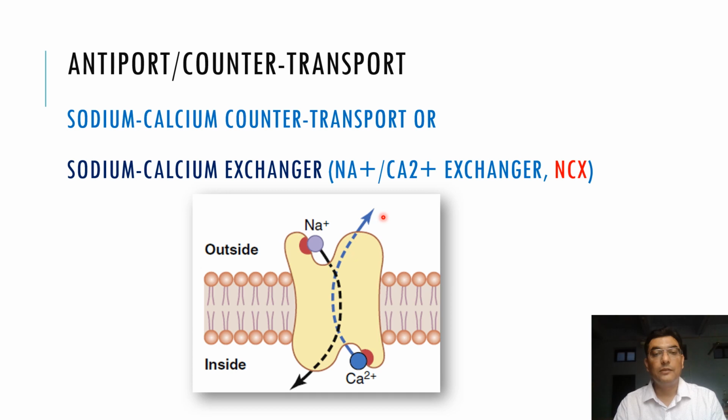Both of them are moving in the opposite direction. So it is the NCX. Now one important thing is that there is movement of 3 sodium ions with the movement of 1 calcium ion. So when 3 sodium ions bind outside and 1 calcium ion binds inside, then only this happens.